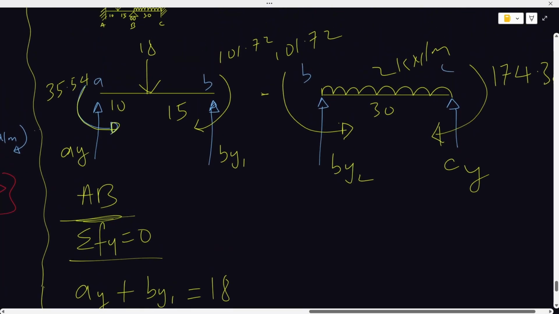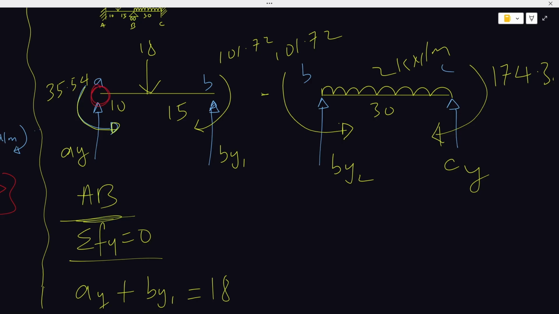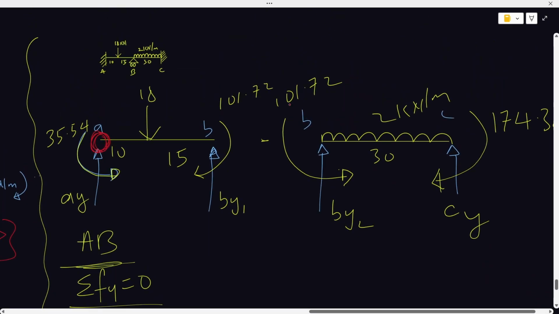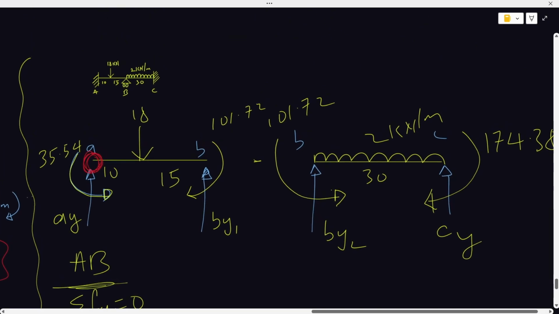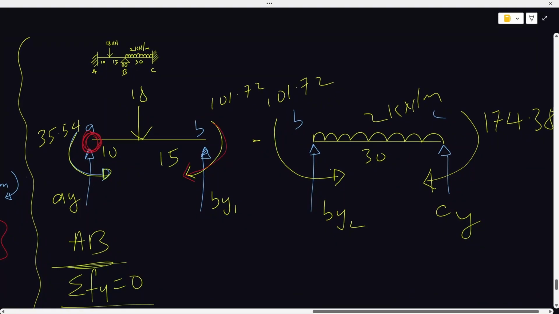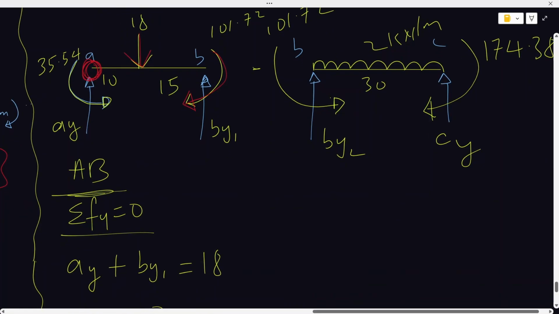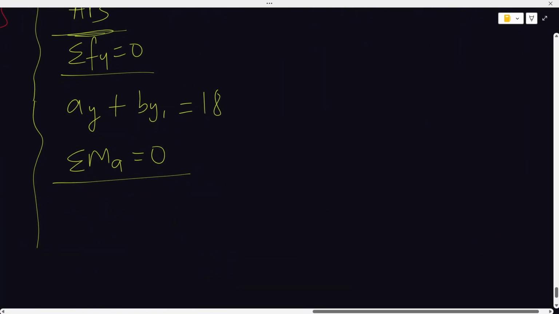If summation MA is equal to 0, think of this place as a ball where it can rotate. So 18 will move it clockwise, and 101.72 will also move it clockwise. So I have two clockwise, 18 and 101.72. So 18 times 10, because that's the moment.